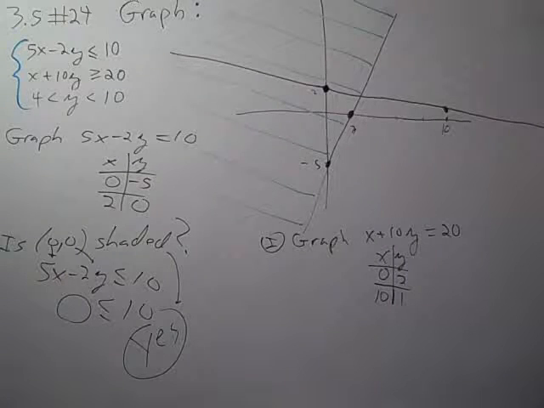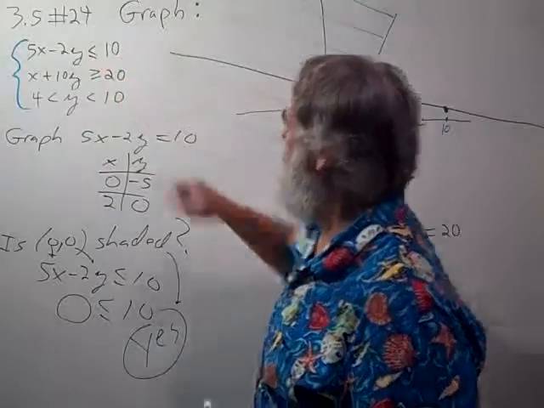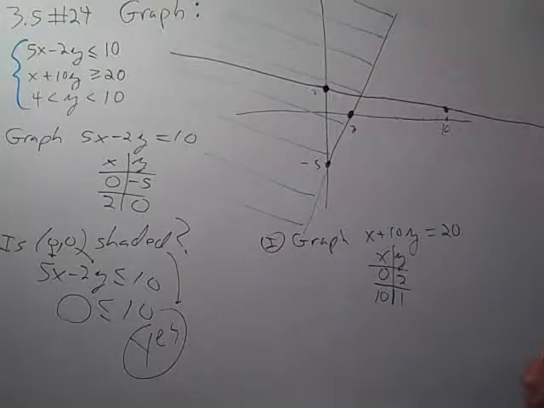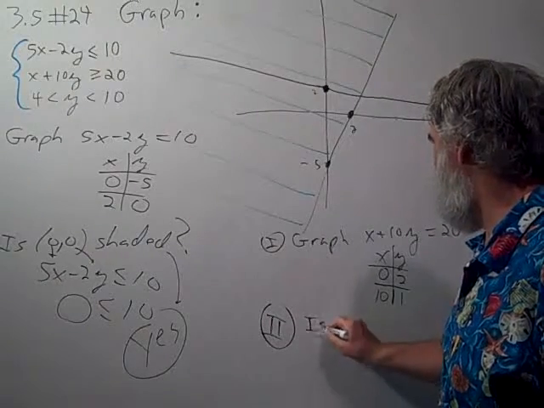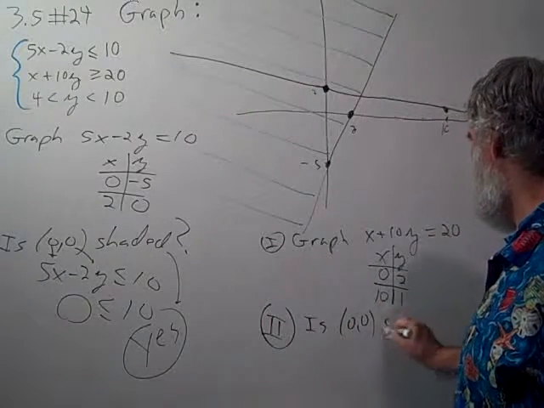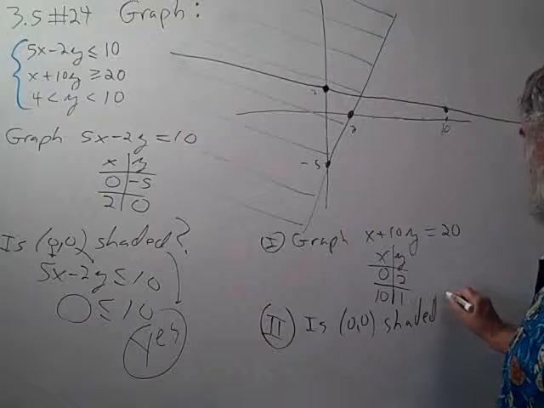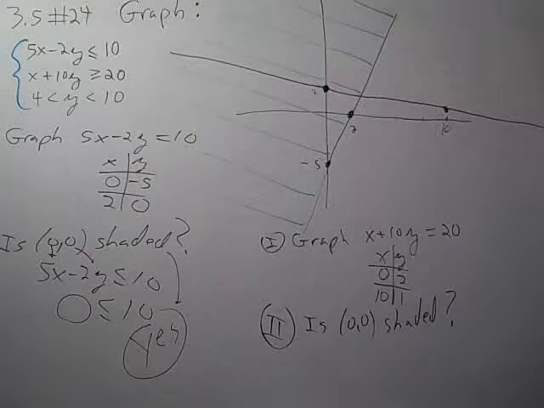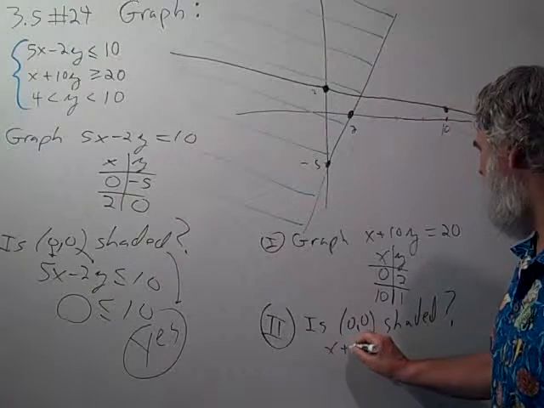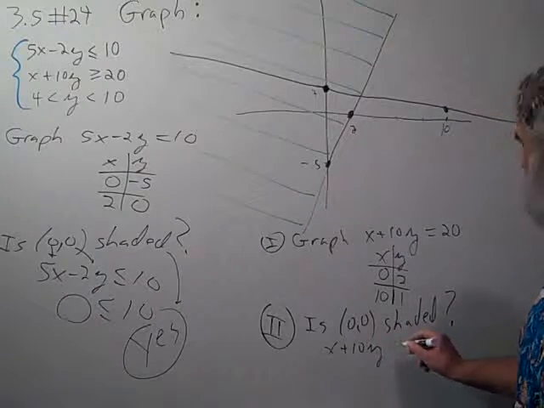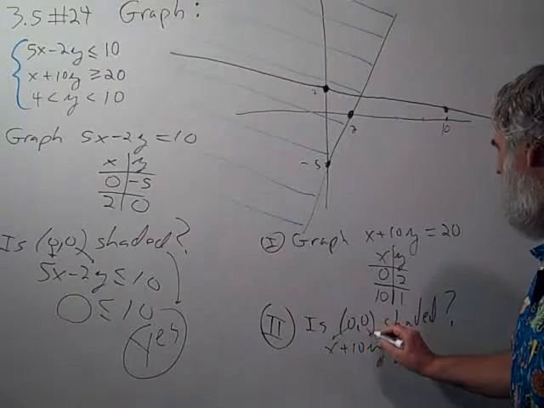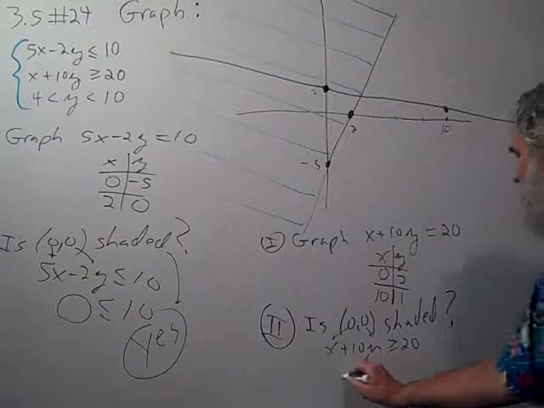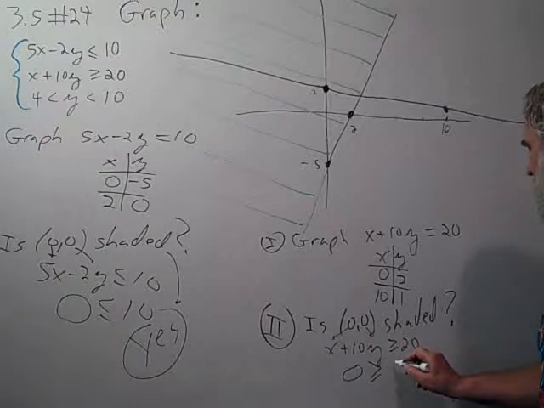Both those lines were solid because both of these inequalities included the line. Now we have to decide which side of that line to shade. So we can ask, is the origin shaded? By plugging the origin into the original inequality, x plus 10y is bigger than or equal to 20. So if we plug in x equals 0 and y equals 0, well, we get a big 0 on this side, which is not bigger than 20.